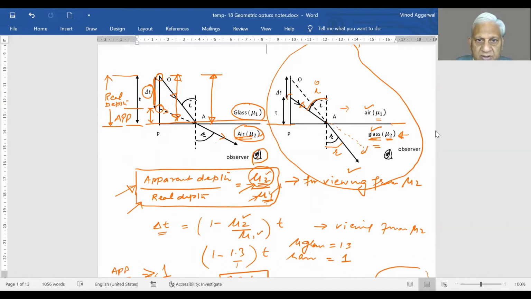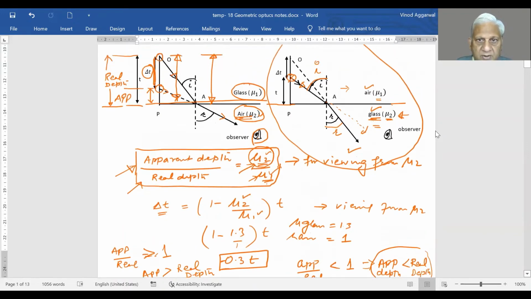Which is the case here. Our object is actually lying here, but because of this phenomenon, it appears here. So in this case, the object seems to be farther away from the observer.